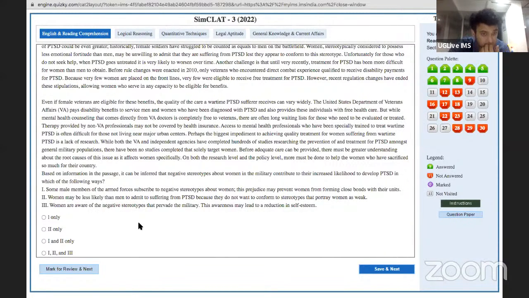क्या लग रहा है? Between A and C. ये तो नहीं होगा, C थर्ड तो नहीं होगा, between A and C. Women may be less likely than men to admit it because they don't want to conform to the stereotype that portrays women as weak.